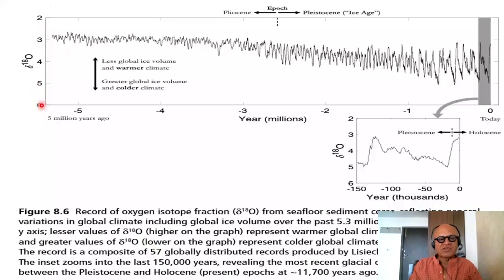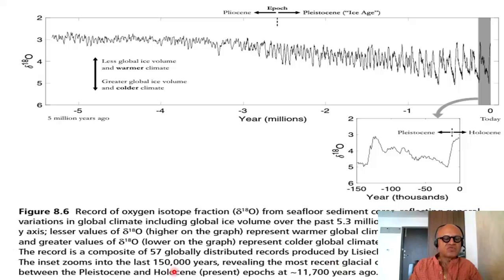Higher delta O18 is here, lower is up here, just to give it a sense of temperature going from cold to warm. So that works very well. Lesser values of delta O18 higher on the graph represent warmer global climate and lesser ice volume. The record is a composite of 57 globally distributed records produced by Lisiecki and Raymo.